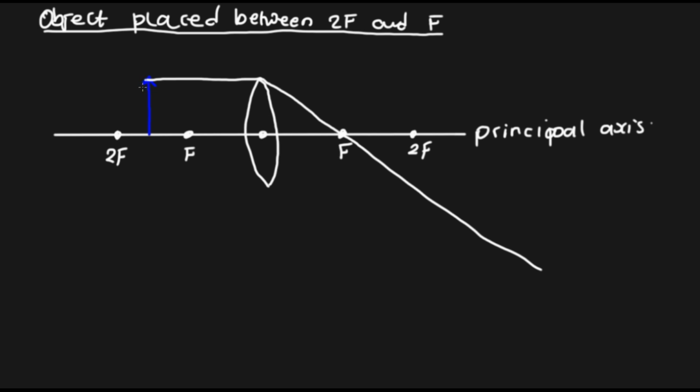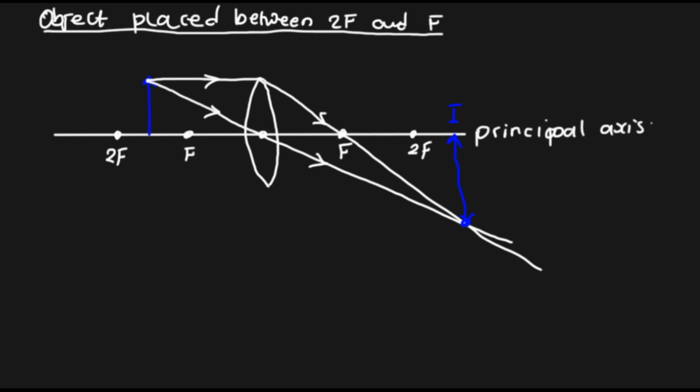Then I'm going to draw another ray of light. Okay, so let me put the arrows. And a ray in physics simply means a path taken by light. So the point where these lines are meeting is where the image is expected to be formed. So this is our image.